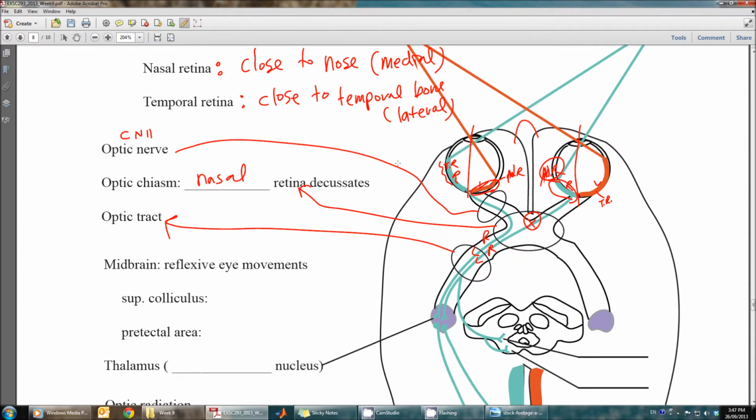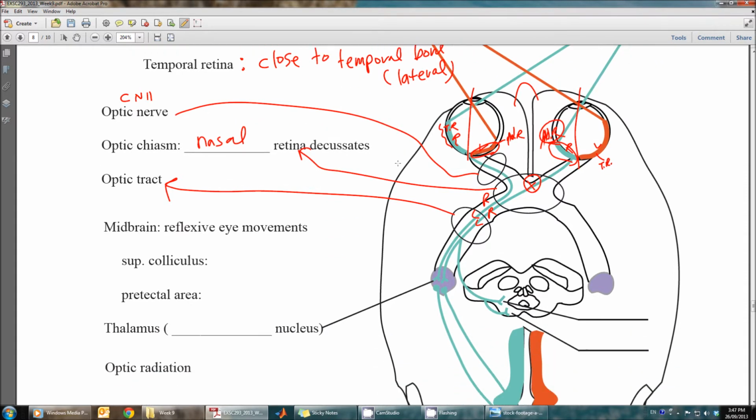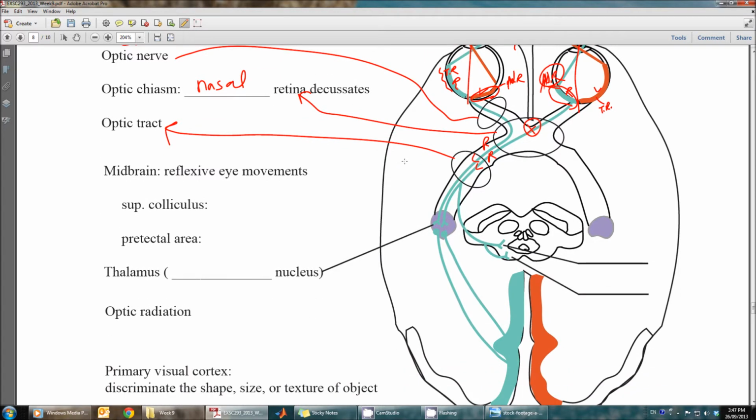After the optic tract, some axons can go into the midbrain, so this is the bifurcation of the optic tract, and one can go to the midbrain. This area is called the pretectal area, which we covered in week 6 for the pupillary light reflex.